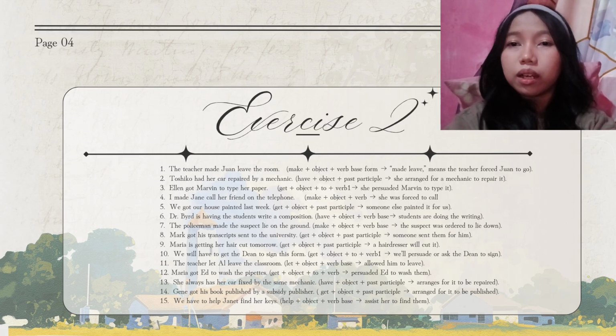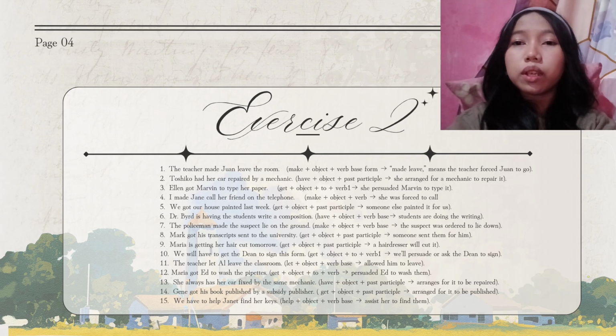Number 8. Mark got his transcript sent to the university. The structure is get plus object plus verb 3. Here, Mark didn't send them by himself, but he arranged for someone else, maybe the registrar officer, to do it for him.